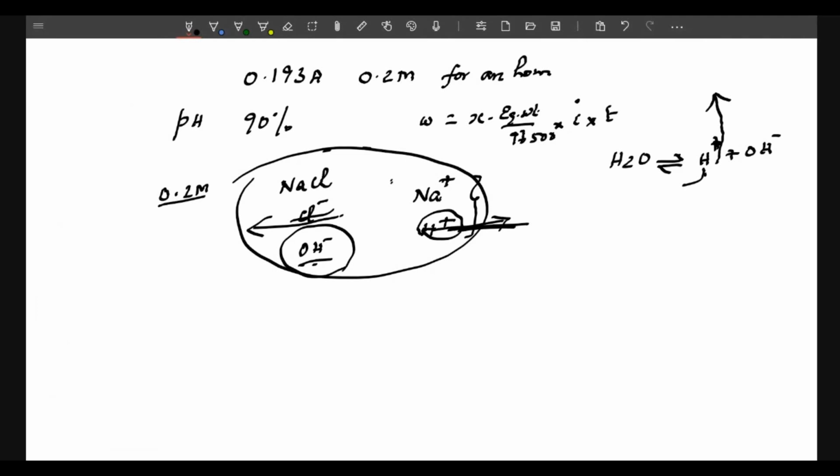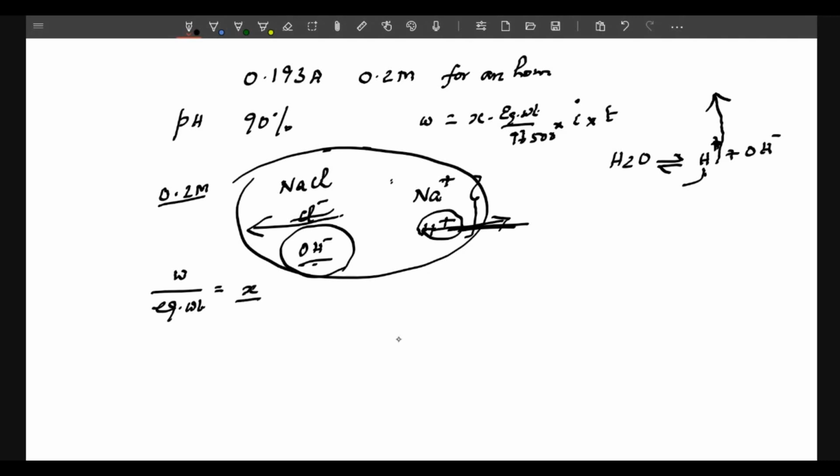Therefore, our purpose is to find out the equivalents of hydrogen that are liberated at the cathode. So much amount of OH- concentration would be increased.